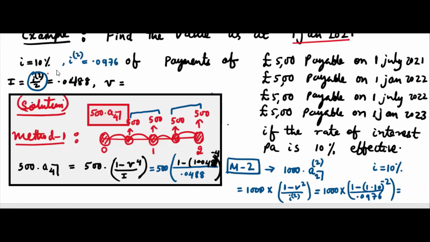We'll check what is the difference. There will be a little bit of difference because we are not using all the digits from the calculator. Okay. Now I got 1777.928 and here 1778.21.